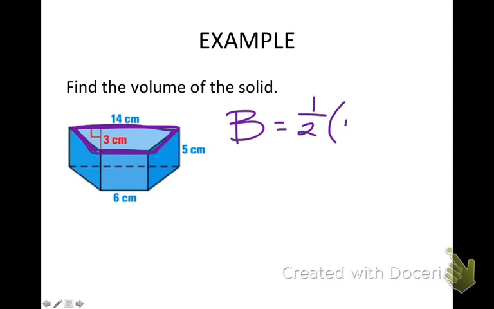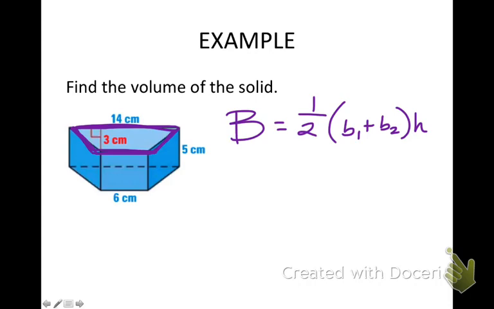It's going to be equal to 1/2 base 1 plus base 2 times height. Right? And if you don't remember all of these formulas, maybe you want to put that onto your index card. So what big B can equal to?